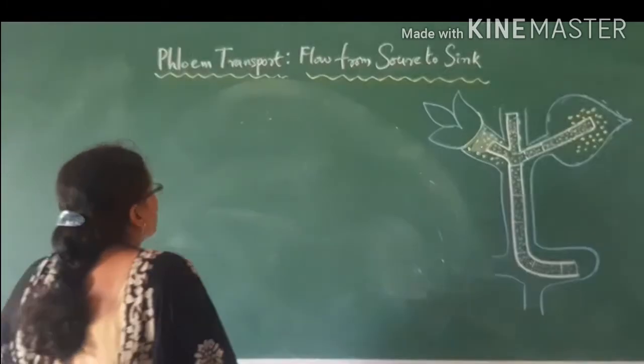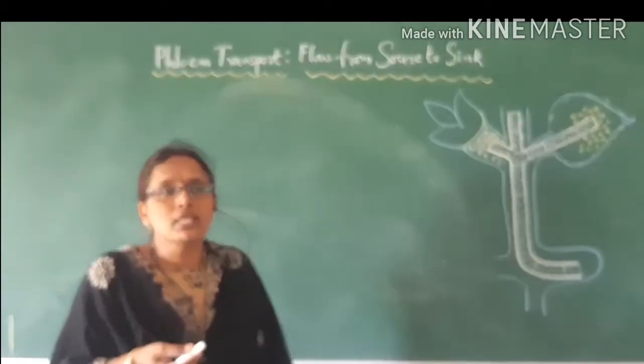The source and sink is variable. Sometimes roots may store the food materials, which are later utilized by the other parts. So sometimes it is variable.